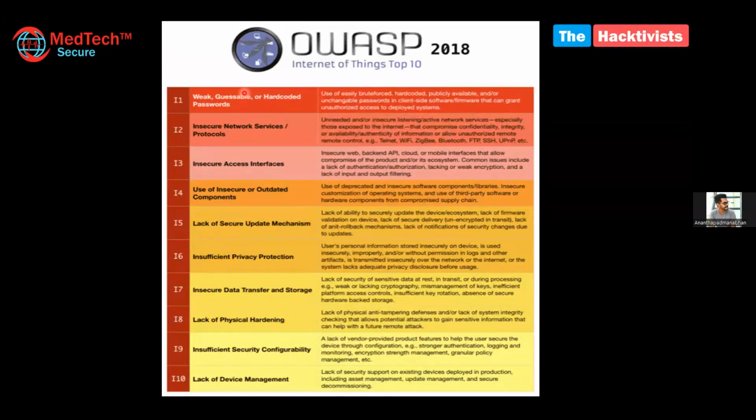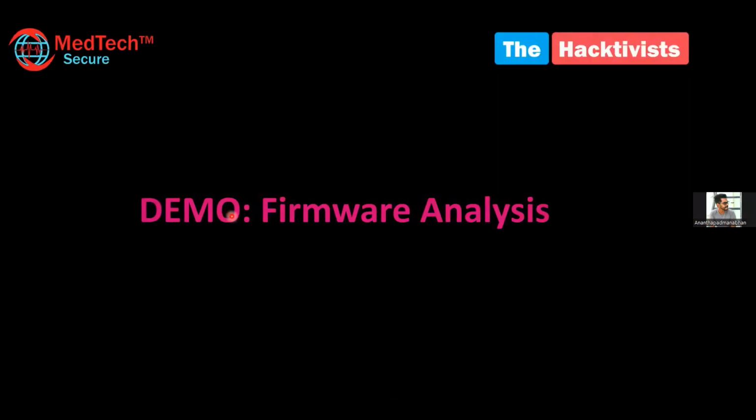Most of them fall under the categories we have discussed: the most common one is weak, guessable or hard-coded passwords, followed by insecure network protocols or insecure access interfaces. These are some of the common vulnerabilities we come across from the IoT security perspective. If you want to look further, you can just Google the OWASP IoT top 10 and you'll get the detailed view of all these 10 attacks.